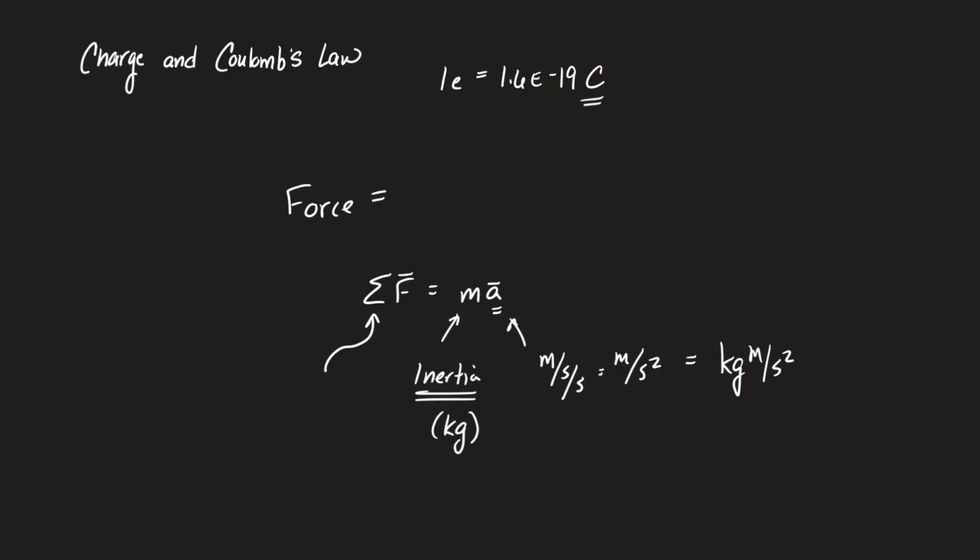Can some brave soul who I've not heard from tell me what that is? Go ahead. It's the sum of forces. Sum of forces. So I could have any number of forces acting. We would refer to this as the sum of forces, or I will often say, what other word? Net force. So the net force is a combination of all the forces acting on an object.